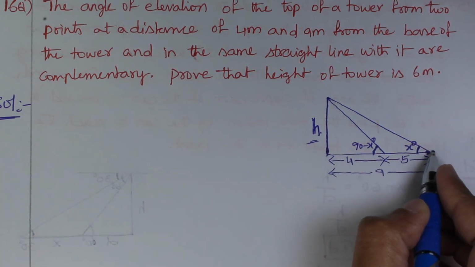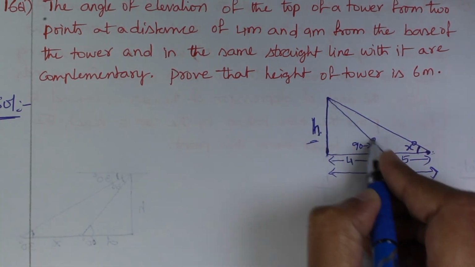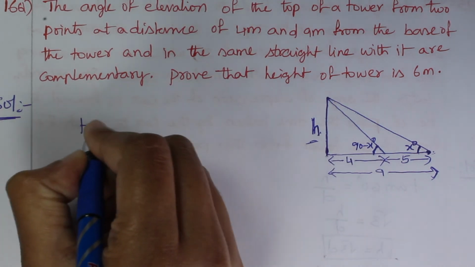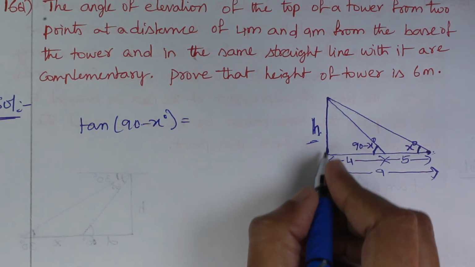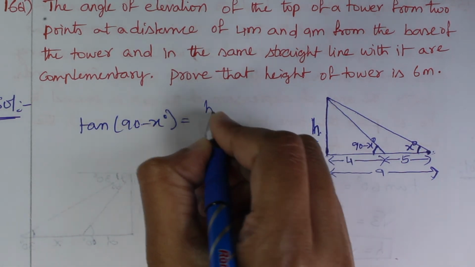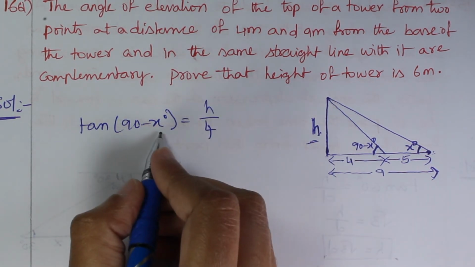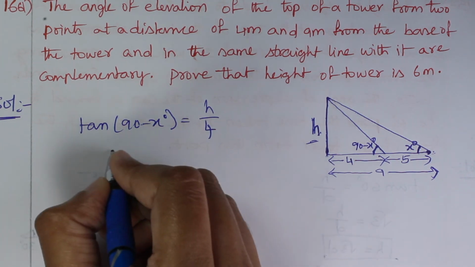So let's look at this smaller triangle, with angle 90 minus x. Tan (90 minus x) degrees is equal to opposite side by adjacent side, that is h by 4. What is tan (90 minus x)? It is equal to cot x, right?